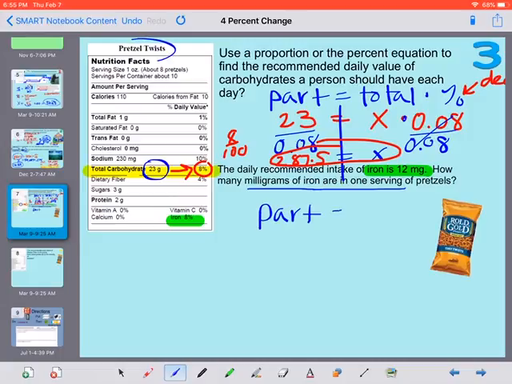We don't know the part that we're eating, but we know in one day the whole thing that you should eat is 12 milligrams. And we know that we're getting 8% from our pretzel twist. So 8%, same as up here, it's still 0.08.